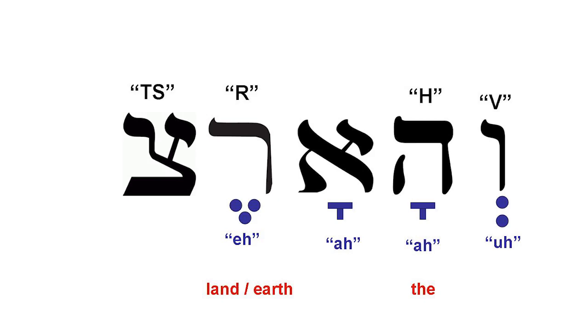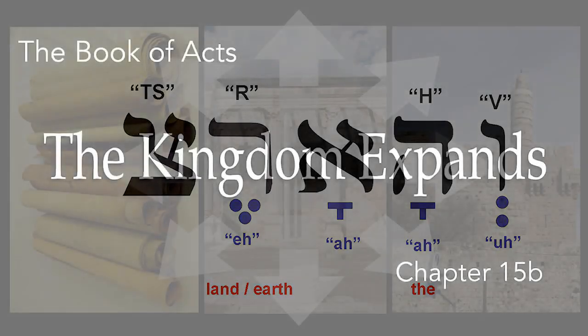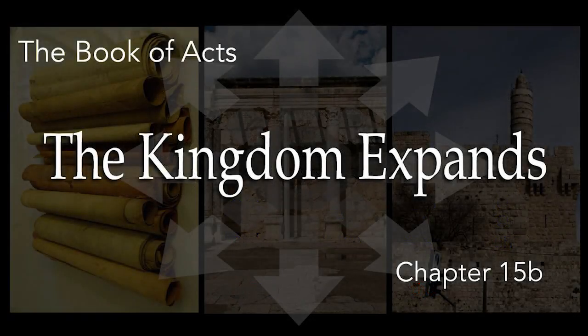We're picking up in Acts chapter 15, and if you have your Bible, please do open that. I'm just going to read a section. I've already read the entirety of Acts chapter 15 to you twice for story time, and I know you enjoyed it.